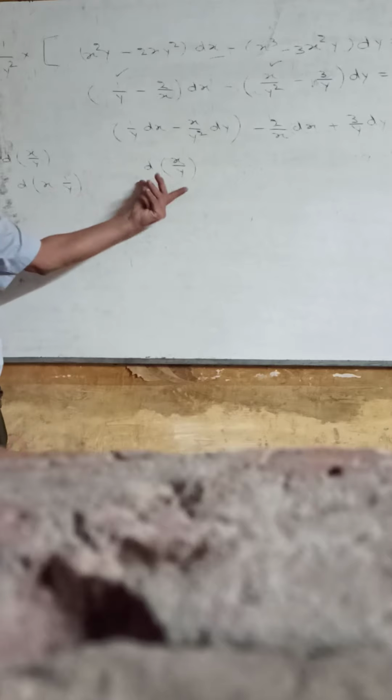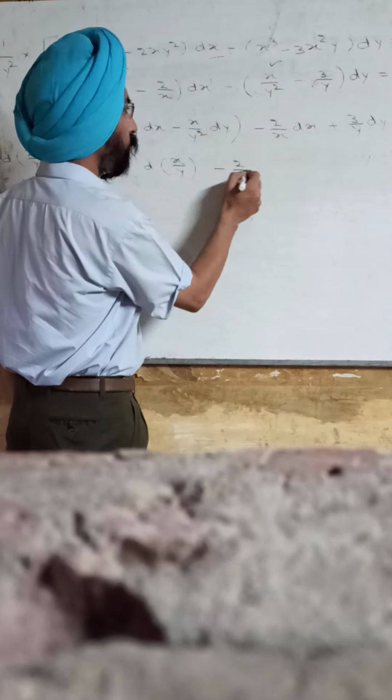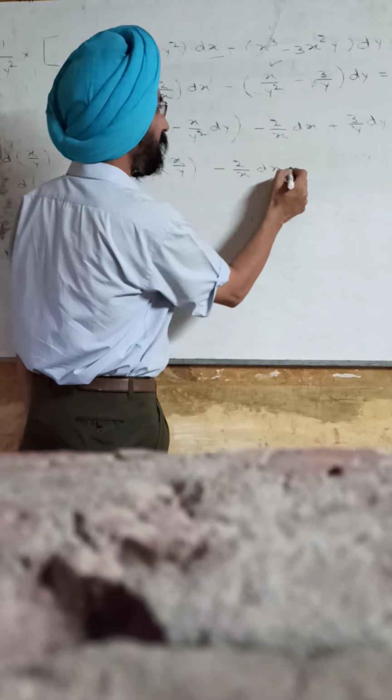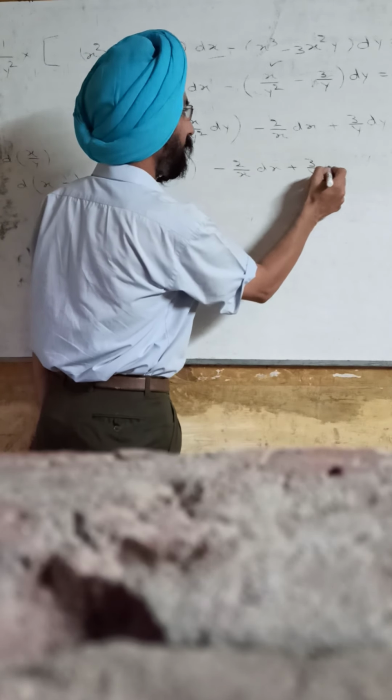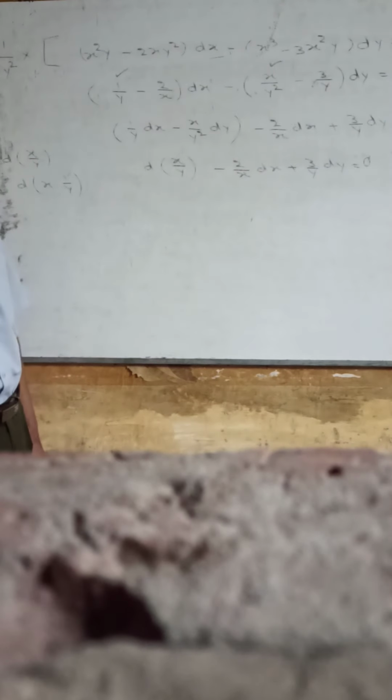So d of x upon y is this bracket: minus 2 upon x dx plus 3 upon y dy is equal to 0. Now the process of integration is very easy.